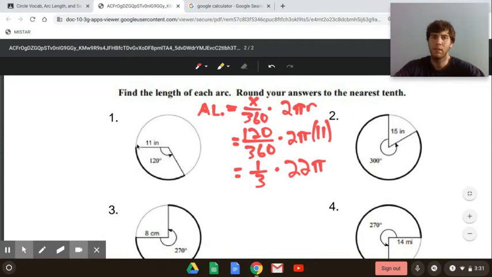So our circumference is 22 pi. That's the length around the whole circle, but we want the length around part of it. We know the measure of the arc is 120 degrees out of 360. That's how we got the 1/3. Now we multiply it by our circumference to find the length of that arc. So 1/3 times 22 pi.